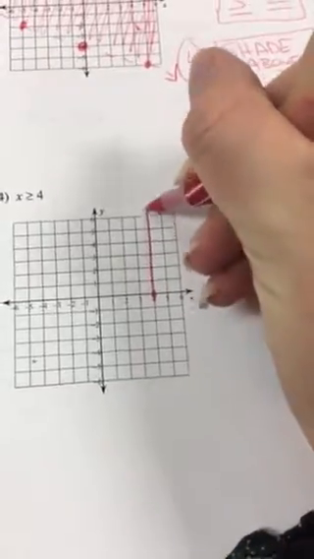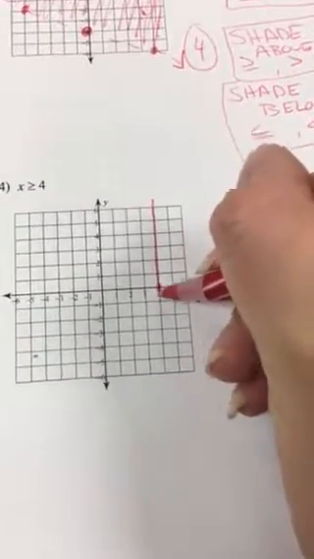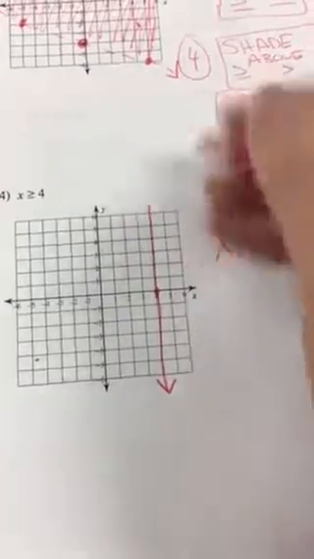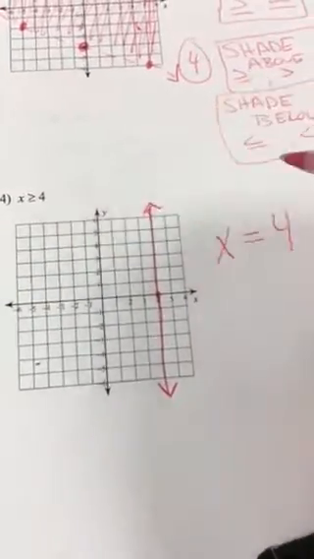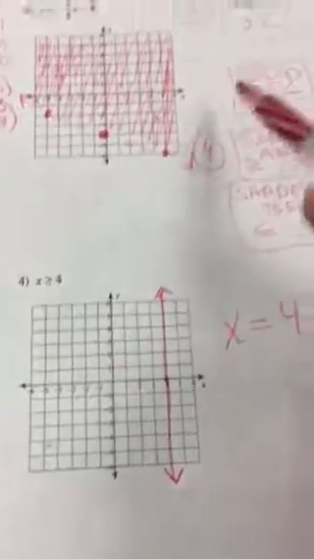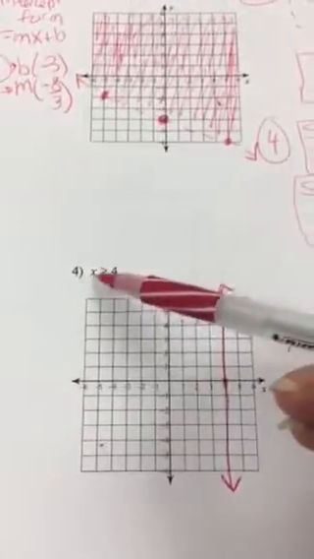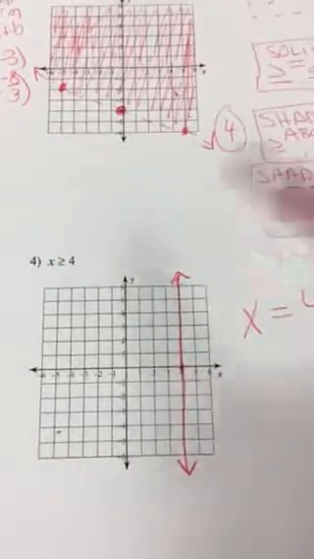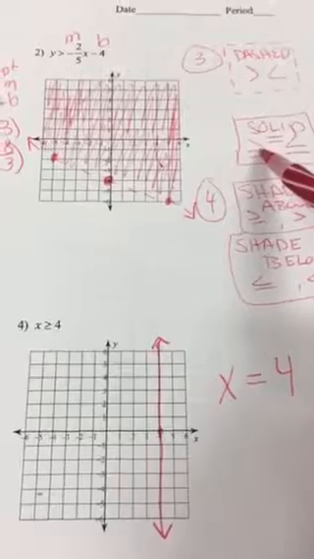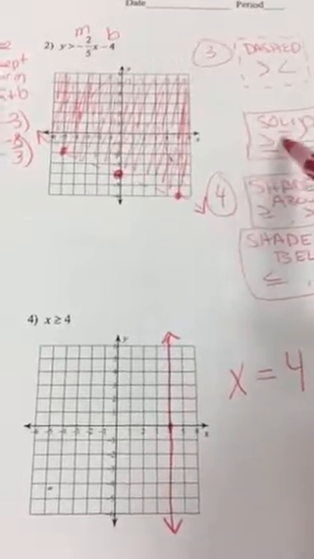An undefined slope looks like this. Now, the reason I made a solid line is because x could be greater than or equal to 4. So if it's greater than or equal to, it's solid.